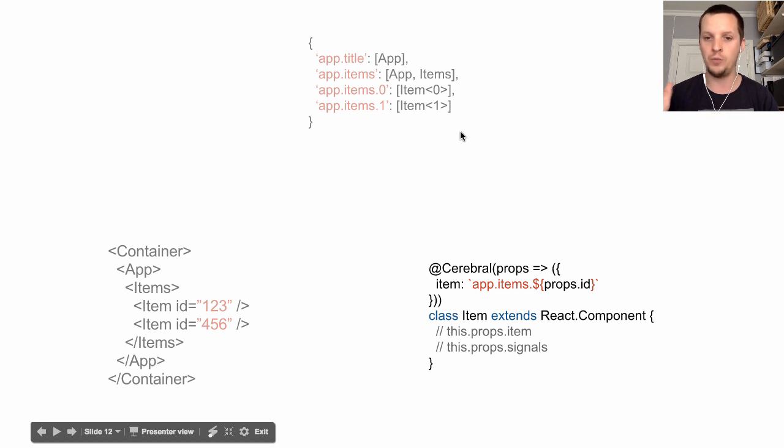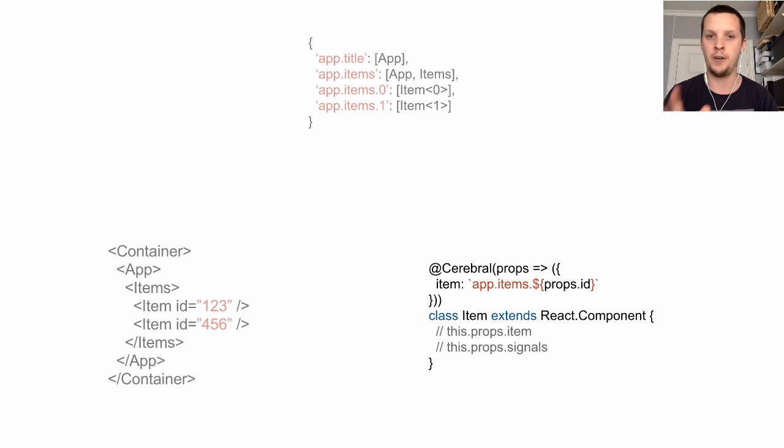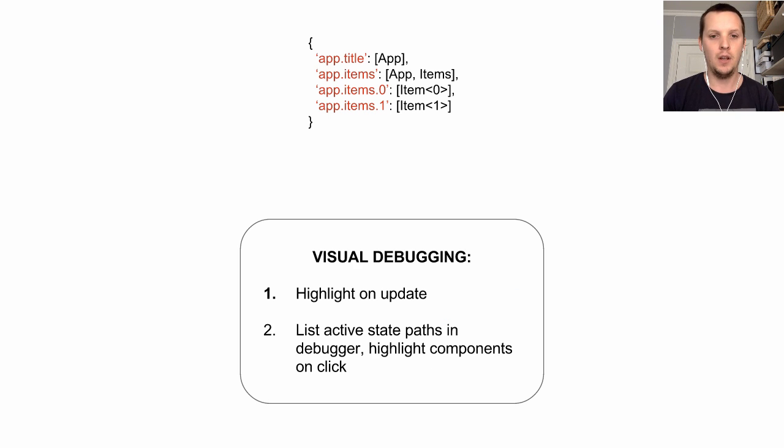None of the others will, and this is just out of the box, and it keeps things more consistent. You don't have to think about this. With this approach, you always want to use a Cerebral decorator. So what does this give us?